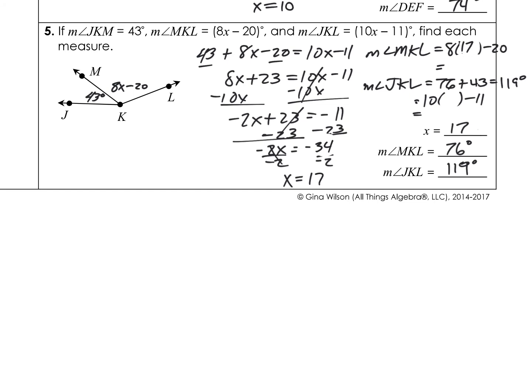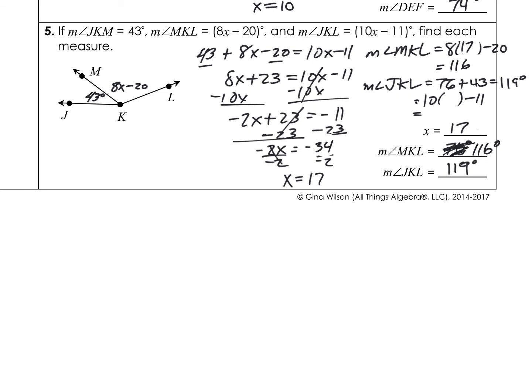Okay, so got some answers to fix here, but it's no big deal. Mistakes happen, guys, and you know, when you make one, own it, fix it, and go on. It's not a big deal. 8 times 17 is 80 plus 56 is 136 minus 20 is 116. So this is 116 degrees.